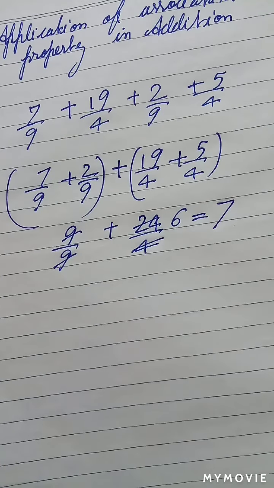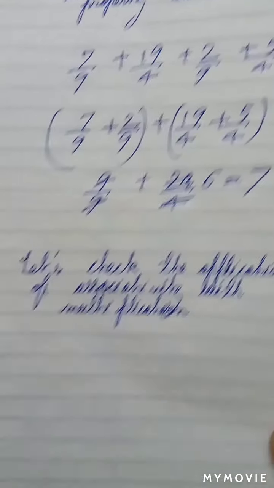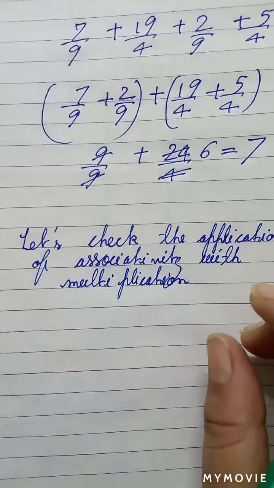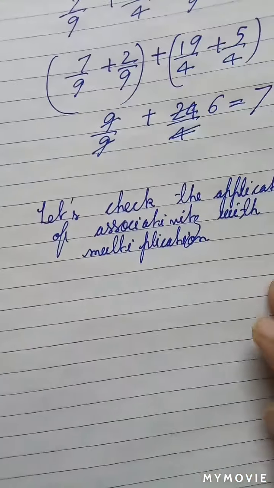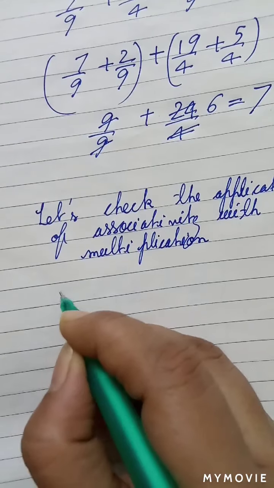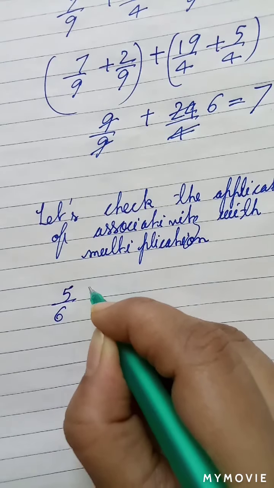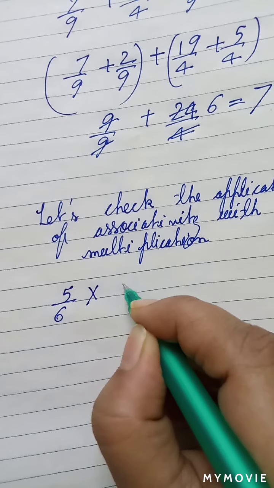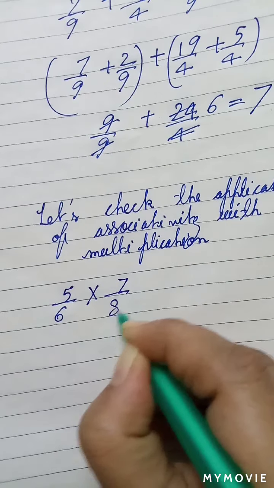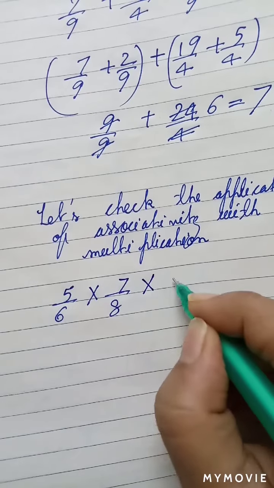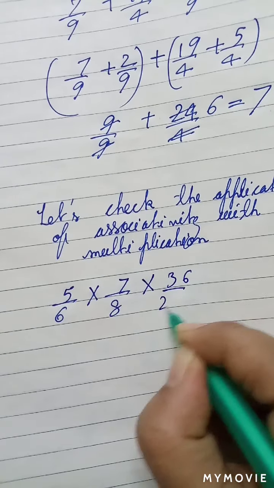Wasn't it easy? Now let us check the application of associativity with multiplication. Let's see. We have, let's multiply 5 by 6 with 7 by 8 with 36 by 25.